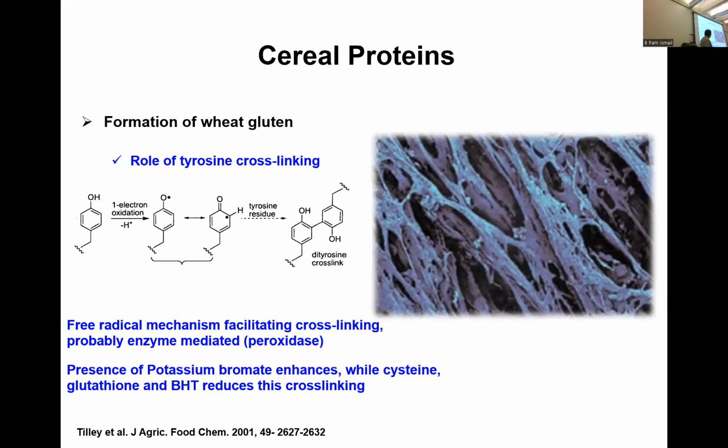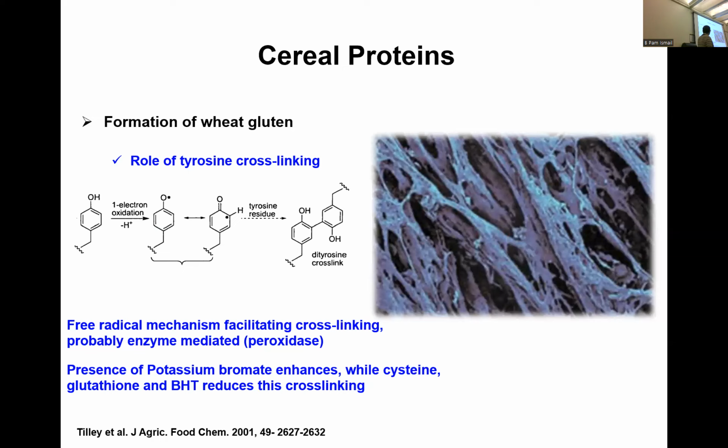having peroxidase as a mediating enzyme. Peroxidase can be native, endogenous to the wheat flour. In the presence of peroxidase and oxygen during the kneading process, this bonding is initiated.